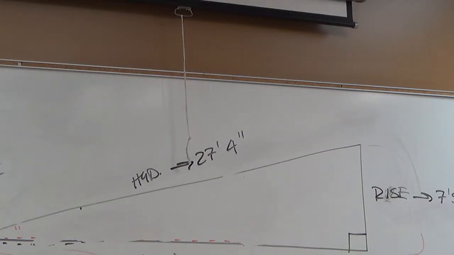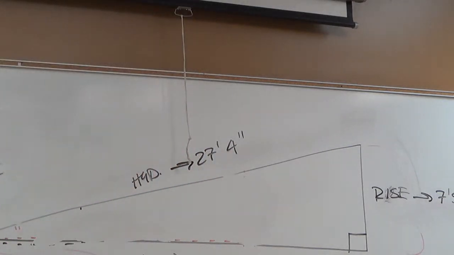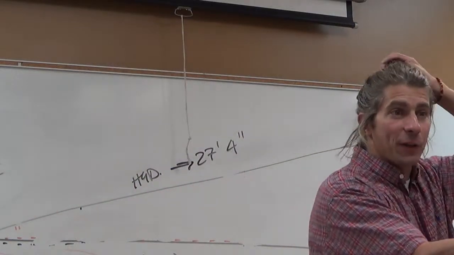Hell yeah, we can. What's the relationship between the rise, the run, and the hypotenuse? Do you remember? It starts with P. That's the one. I was going to say it ends with Pythagoras, but you got it. It's the Pythagorean theorem. Remember what it is?